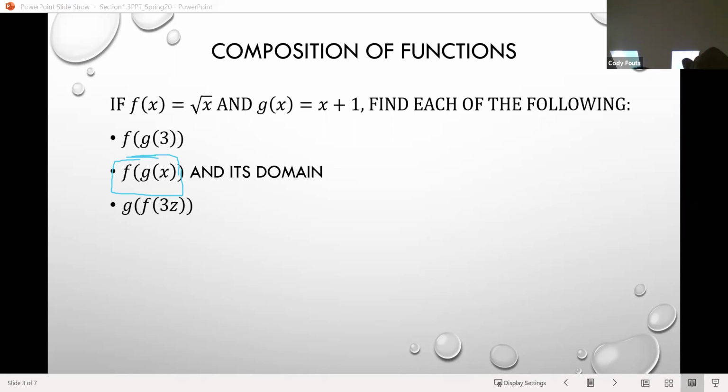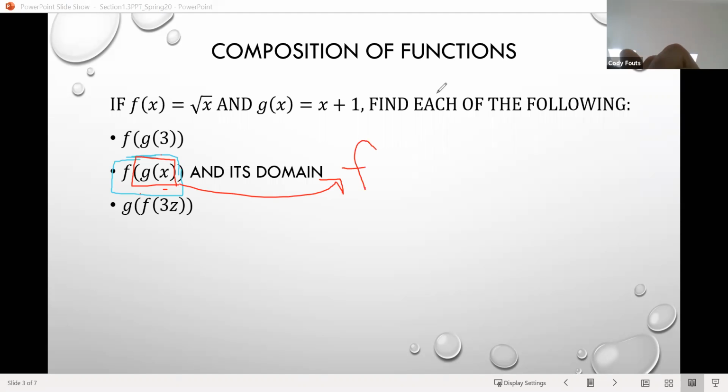By starting on the inside, we start here with this g of x. And again, there's nothing to input into g of x, so we're actually just going to take the function g of x and plug it into the function f. So that f of, instead of g of x, we'll put in what the formula is for g of x, which is x plus 1.